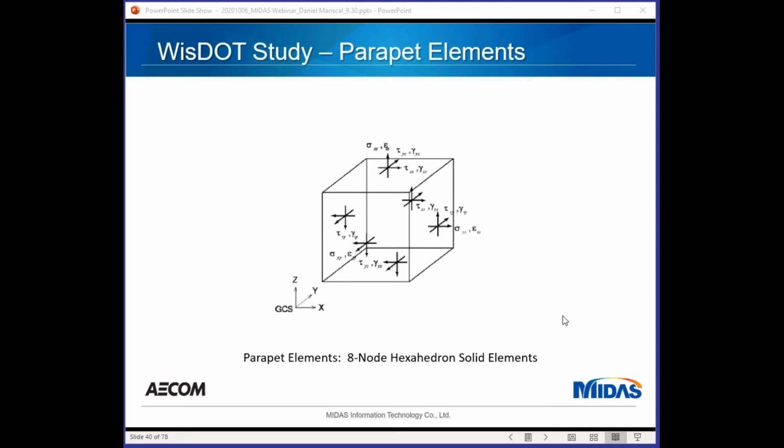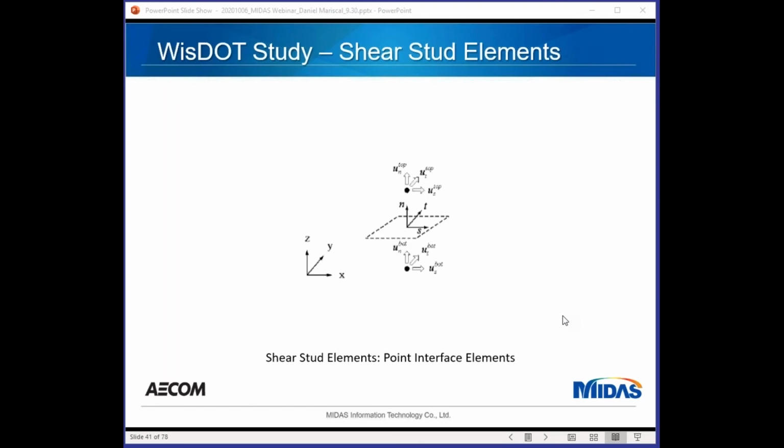So the parapets were important in this analysis. And then these are the interface elements that we used for the shear studs. Again, you can have the two nodes at a distance, or you can have them in the same point in space with a zero length. And then you can give them different stiffnesses in the different orthogonal directions.